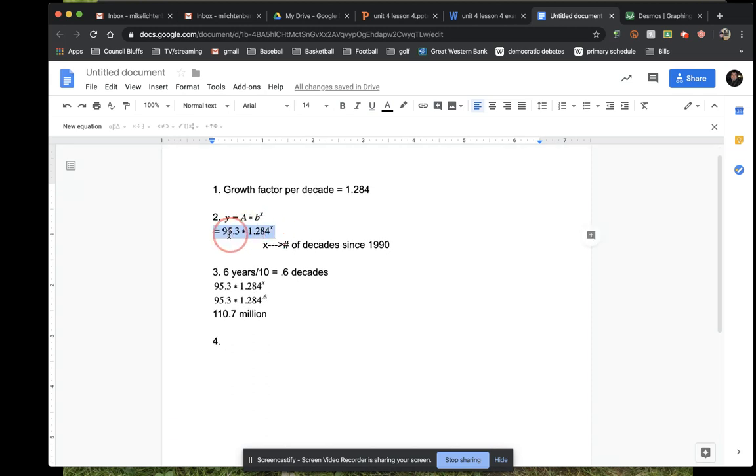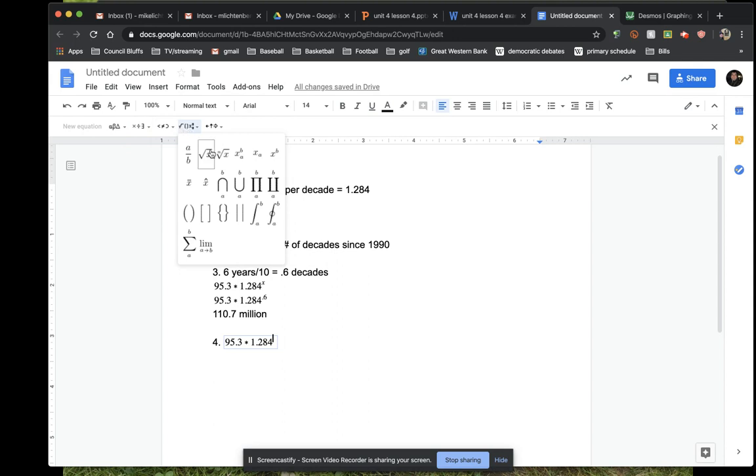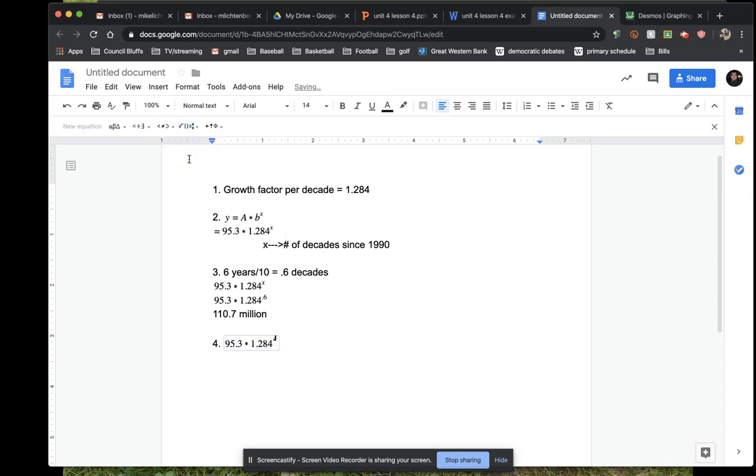So what they want us to do is to take our equation and rewrite it with a variable t. So we take the number of years, t, and we divide that by 10.